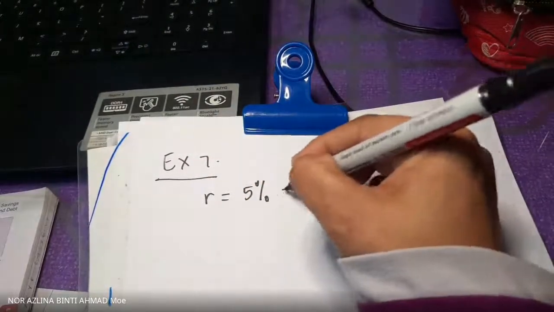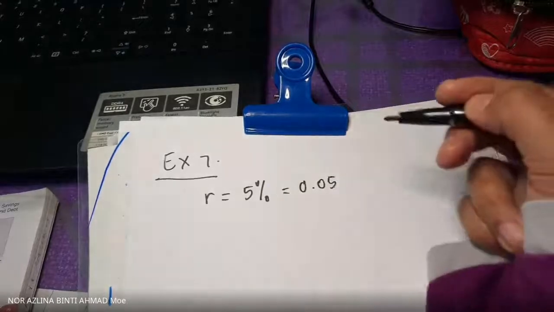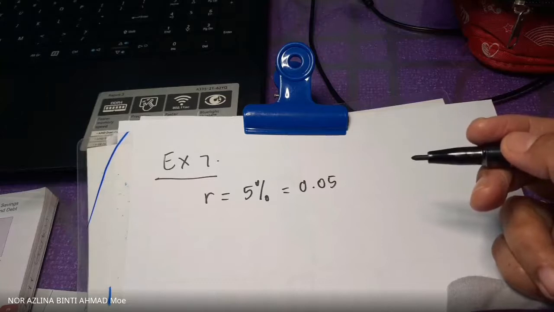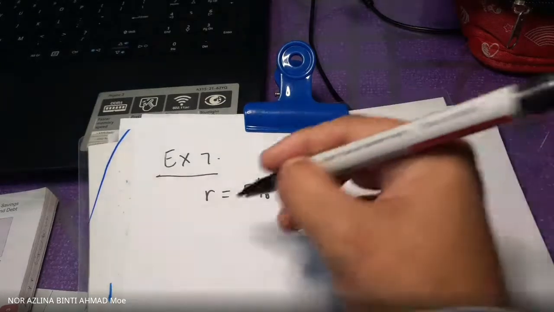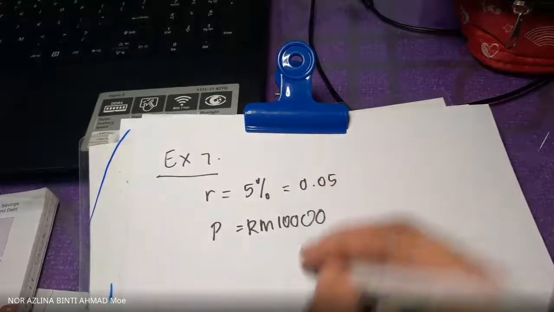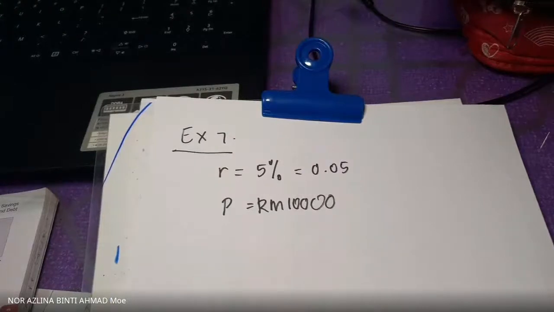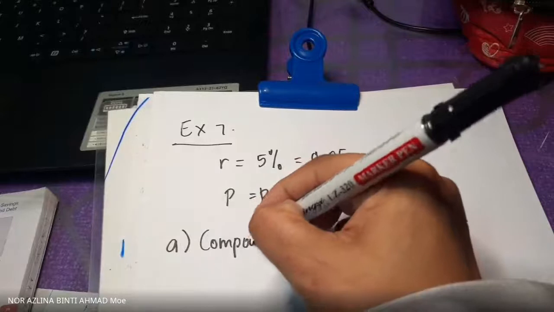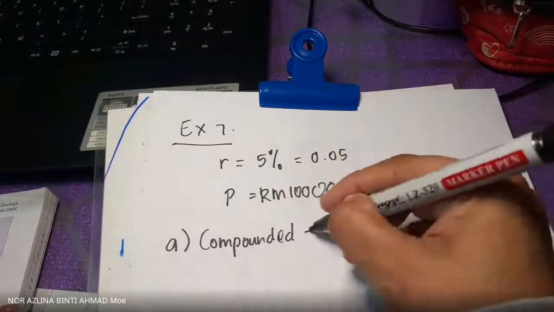Rate 5%, so this is 0.05 equal to R per annum for saving in a fixed deposit account. If Puan Wahida saves 10,000, that is P, RM10,000, at the beginning of the year, how much money is in her fixed deposit account at the end of the year if the interest is compounded: A, every 3 months.